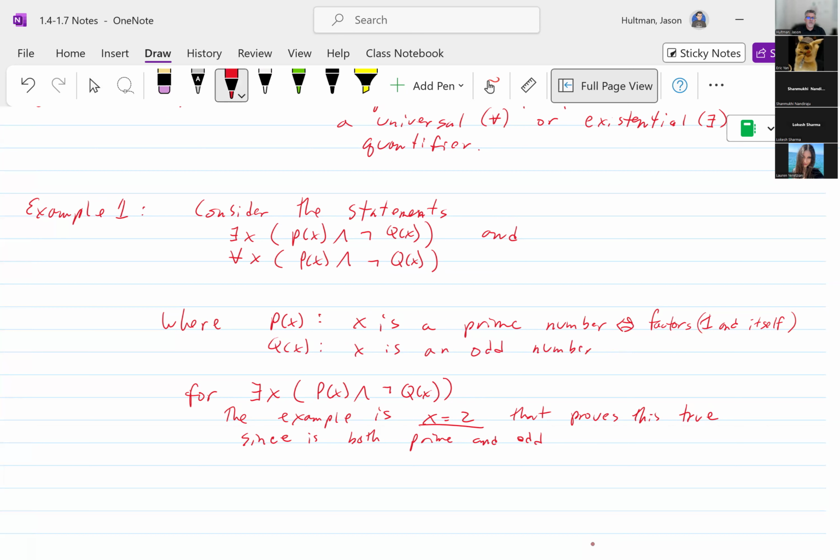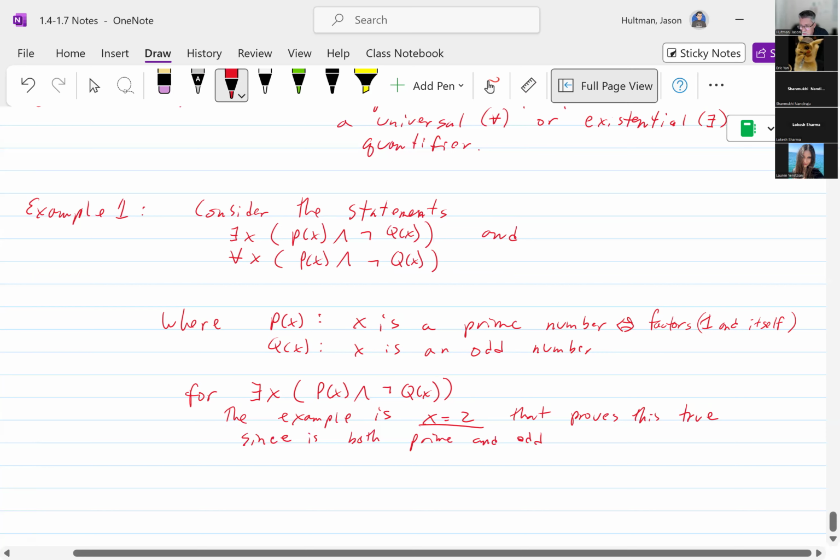So an odd number is not divisible by 2. What does it mean to not be divisible by 2? You'll have a remainder afterwards. Yeah, no, it's good. You're on a good train of thought there.